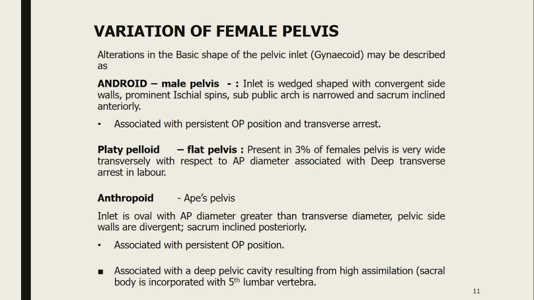Remember, we say of the gynecoid pelvis that the inlet is oval, the pelvic side walls are straight, not convergent, the ischial spines are minimal, not prominent, the subpubic angle is wide, and the sacrum is concave.